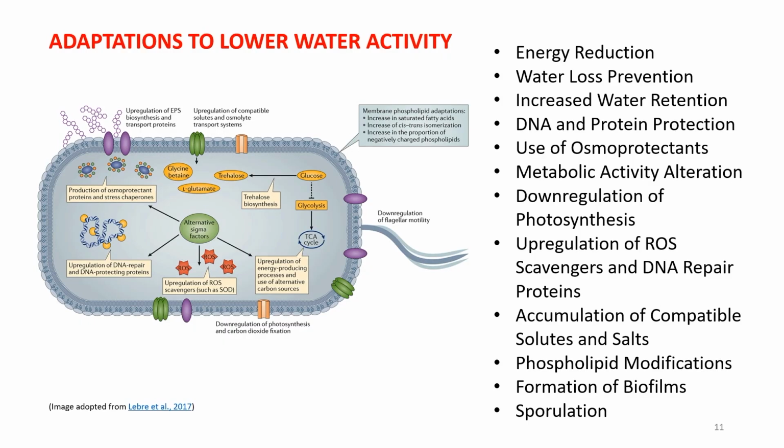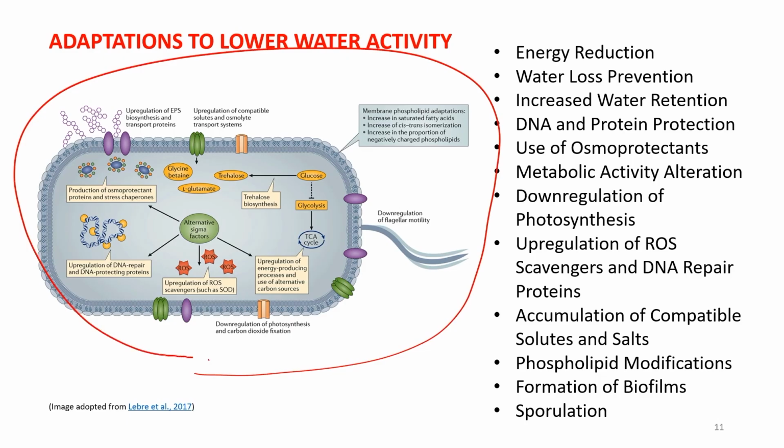Various mechanisms are there, for example: energy reduction, water loss prevention, increased water retention, DNA and protein protection, use of osmoprotectants, metabolic activity alteration, downregulation of photosynthesis, upregulation of ROS scavengers and DNA repair proteins, accumulation of compatible solutes and salts, phospholipid modifications, formation of biofilms, and also sporulation. So, this figure shows these adaptation mechanisms overall.